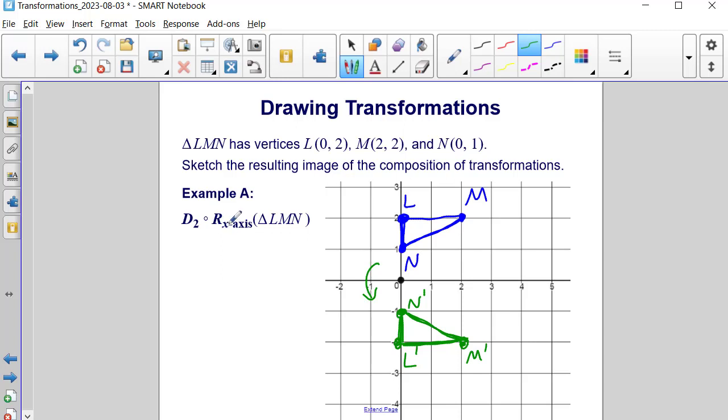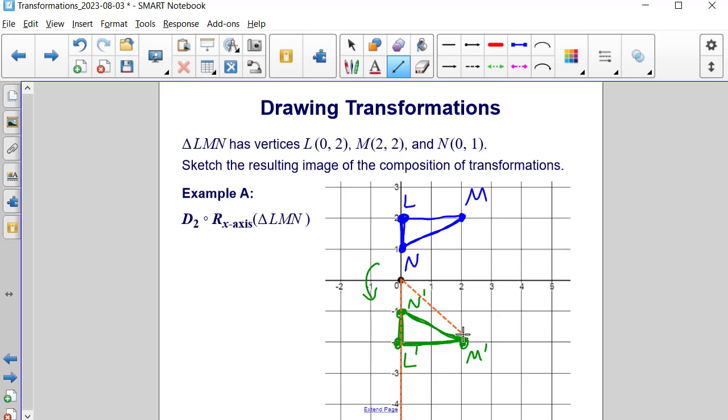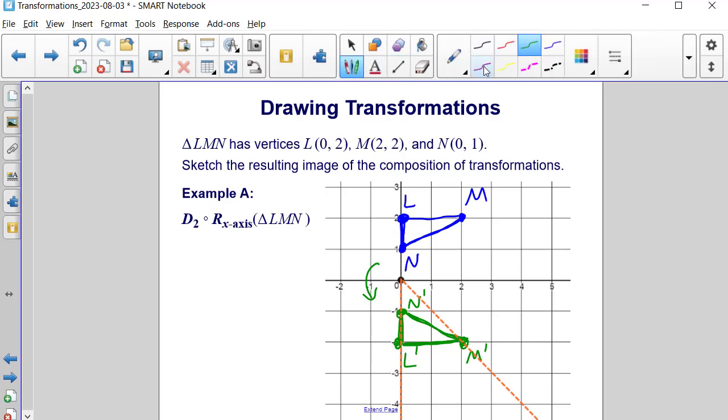After we reflected it across the x-axis, we're now going to dilate it with a scale factor of 2 about the origin. So let's draw our lines from our center of dilation, the origin, and extend them out, going through the key vertices. These are going to be the pathways that we follow to get the coordinates of our new triangle when we dilate it.